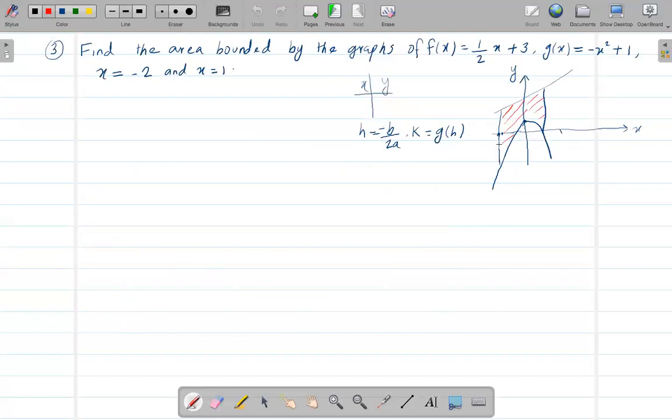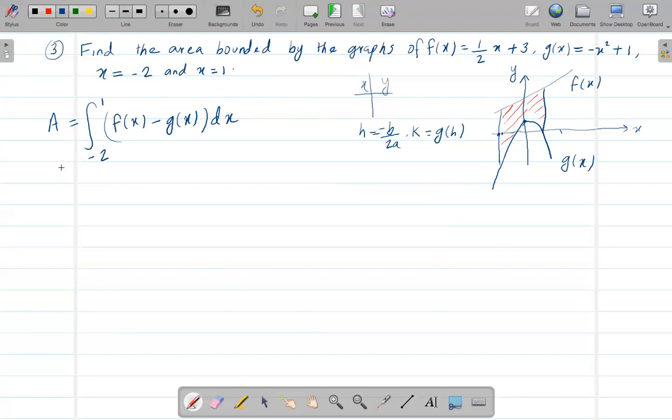In our case, the interval will be from -2 to +1. On the top we have f of x, on the bottom we have g of x. So the integral of f of x minus g of x dx.